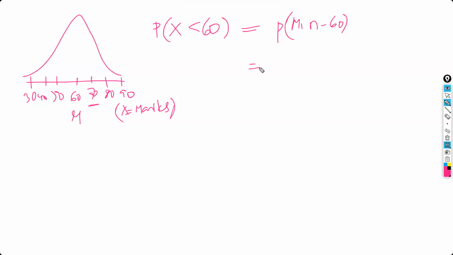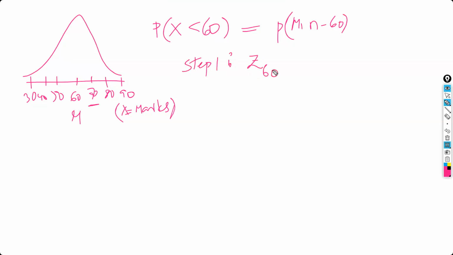Now, what are the steps to do this? The first step is to convert the value they have asked to a z-score. That is step 1. Okay, don't write simultaneously, just observe what I'm writing. First is z of 60. They are asking for 60.